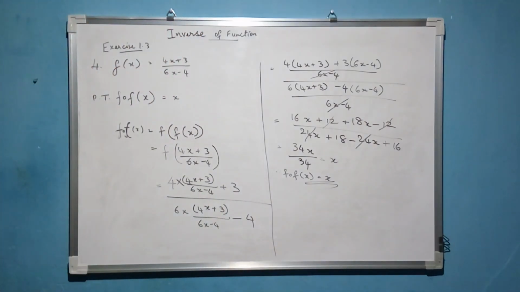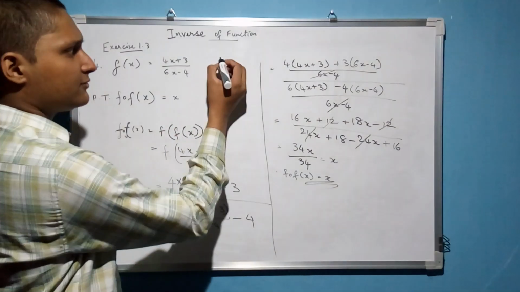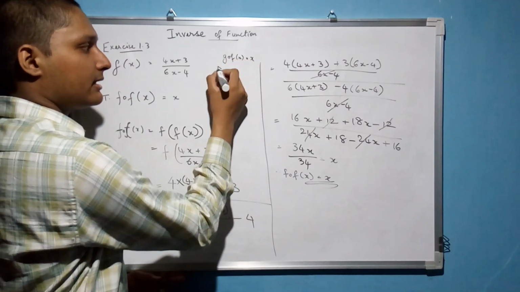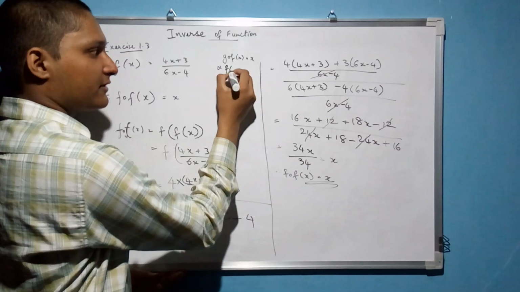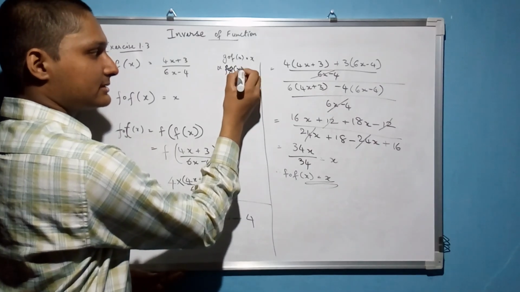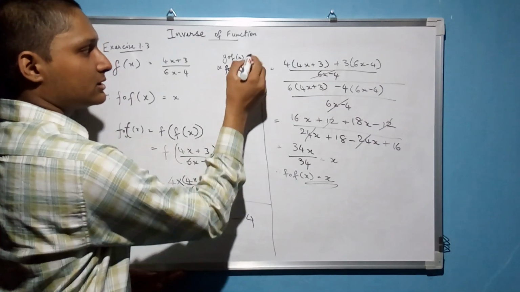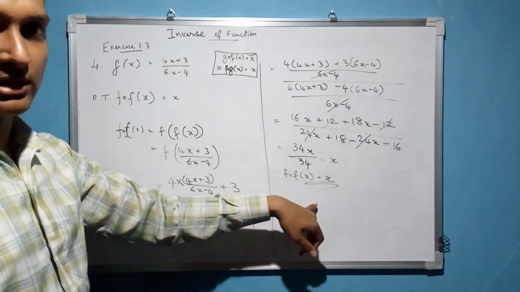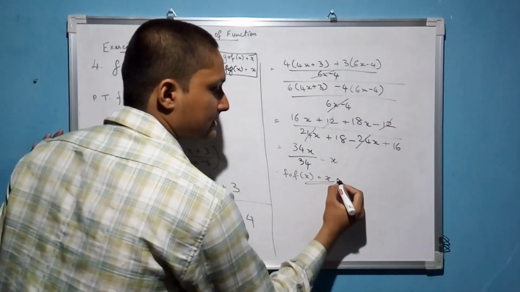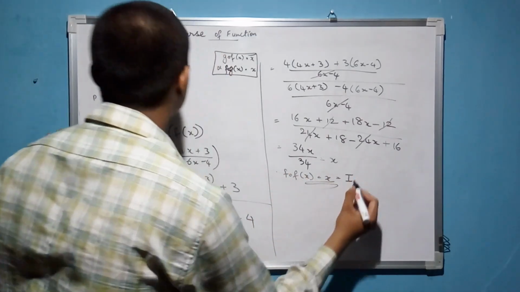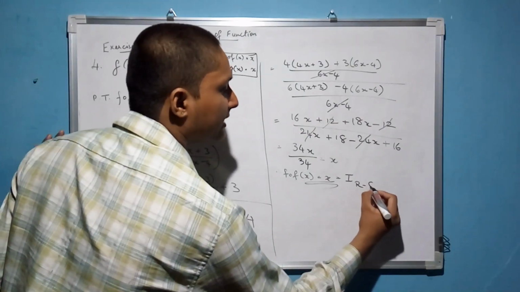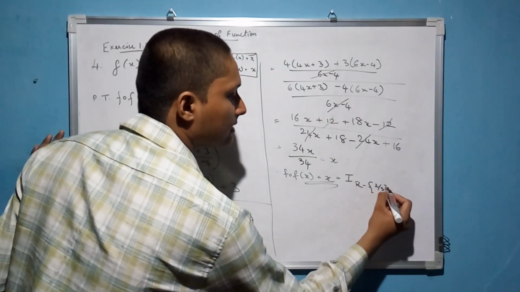Now we need to find the inverse of f of x, right? So what is the definition of the inverse of f of x? g of f of x is equal to x, and f of g of x is equal to x. It should be the same in both cases. So from this statement you can understand that x is an identity function belonging to the set of real numbers minus the set 2 by 3, right?